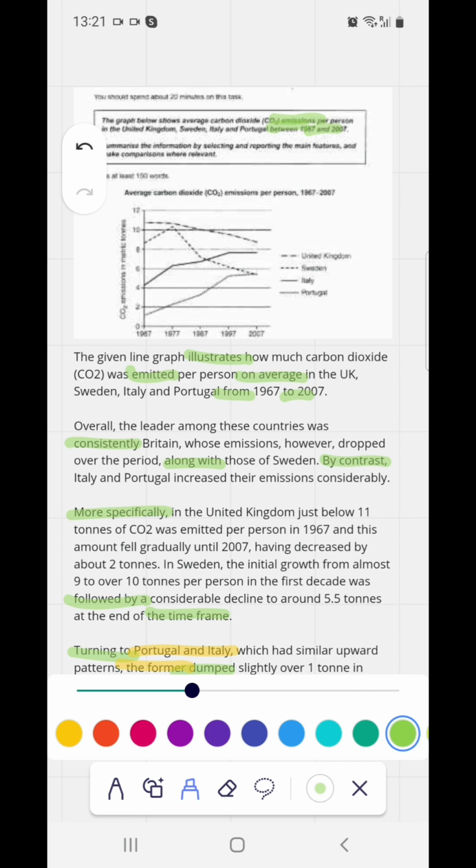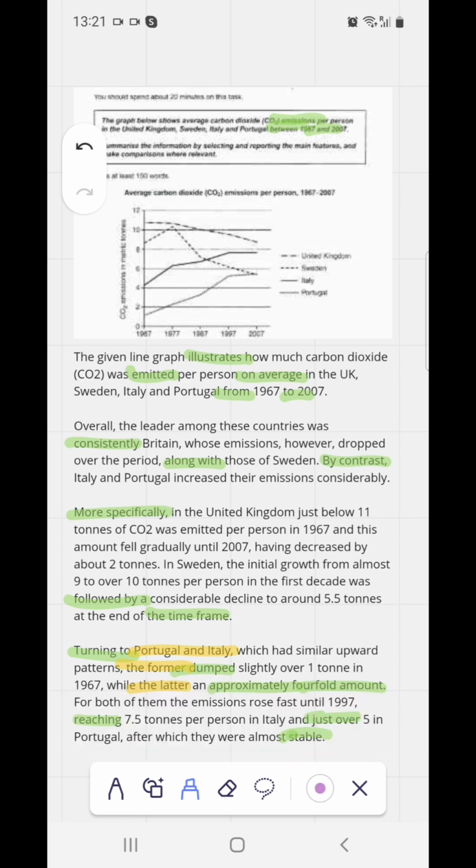Now let's look again at the whole text and pay attention to words which are related to increasing and decreasing trends.